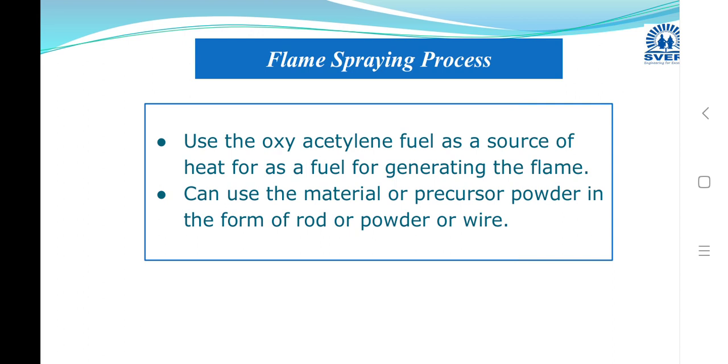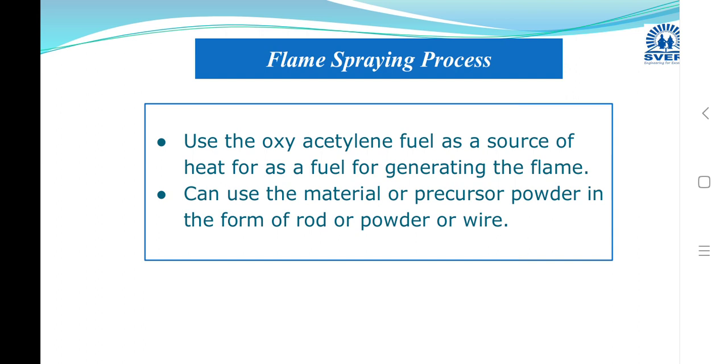In the flame spray deposition process, people use oxyacetylene fuel as the source of heat for generating the flame. Ignition of this flowing oxyacetylene is done in the flame spraying process.